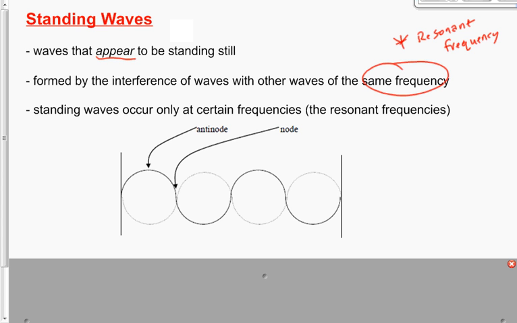This is a diagram here. Actually, I'm going to redraw that because that's not a great diagram. What I'm about to show you is a diagram of what I showed you yesterday in the demonstration. It's also a diagram that could represent a guitar string. The string is attached at both ends. There are lots of different standing waves that can be set up.